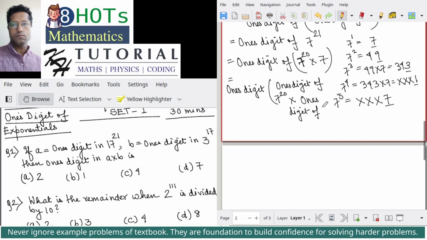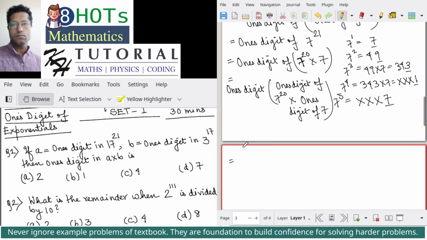The ones digit of 7 to the power 20 multiplied by 7: you can consider 7 to the power 20 as A and 7 as B. So we know that the ones digit of A multiplied by B is equal to the ones digit of the number that is the ones digit of A multiplied by the ones digit of B. So the ones digit of 7 to the power 20 multiplied by 7 will be equal to the ones digit of the number that is the ones digit of 7 to the power 20 multiplied by the ones digit of 7.